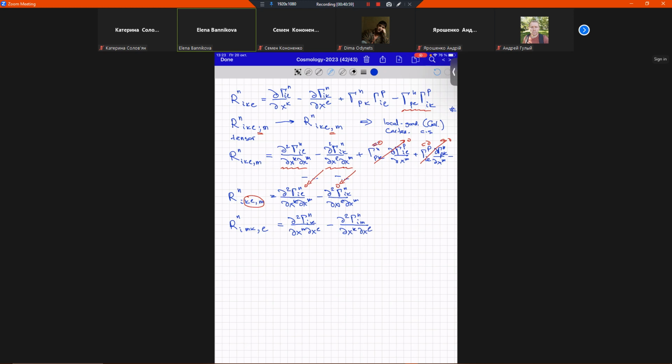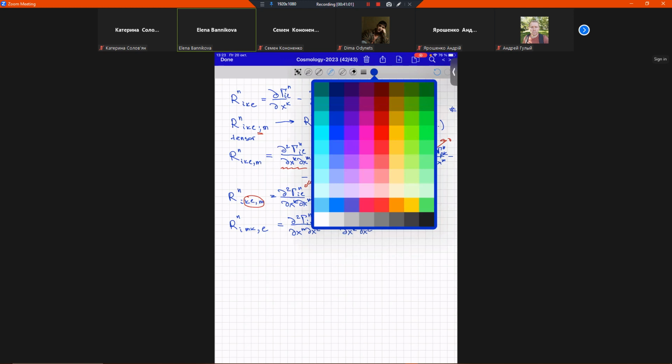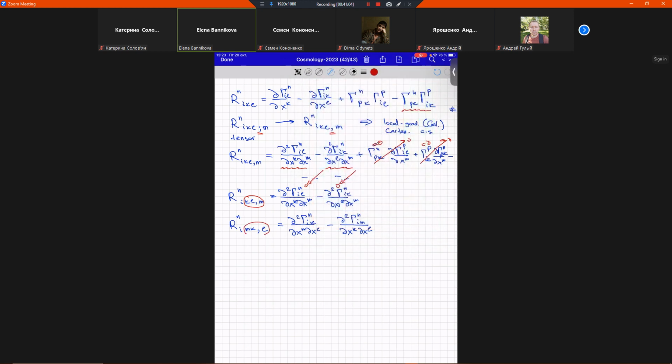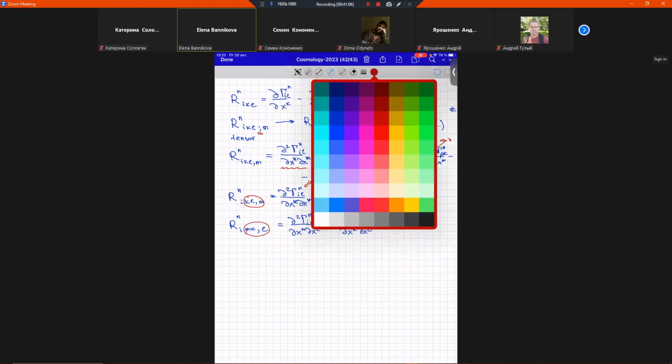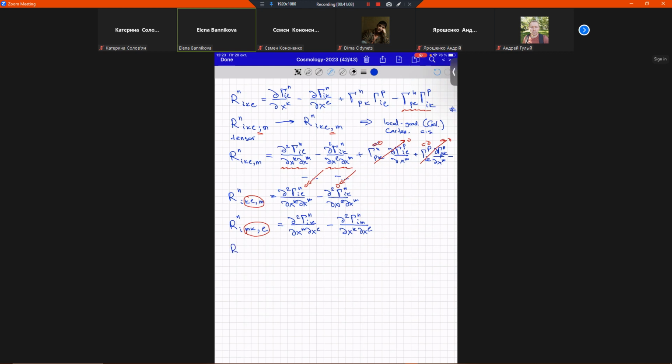And again, I choose these three indexes, and I again do the cyclic permutation. So it will be L, M, K. So d gamma n, and here I need to put below I again.